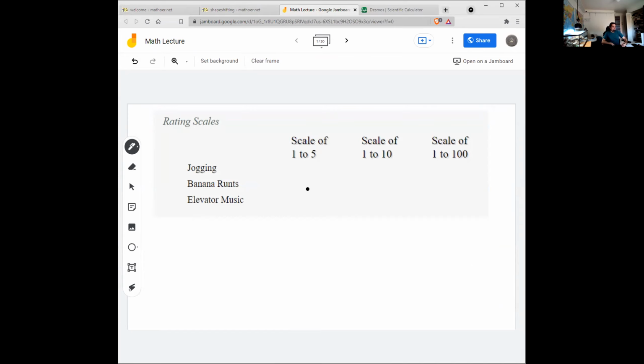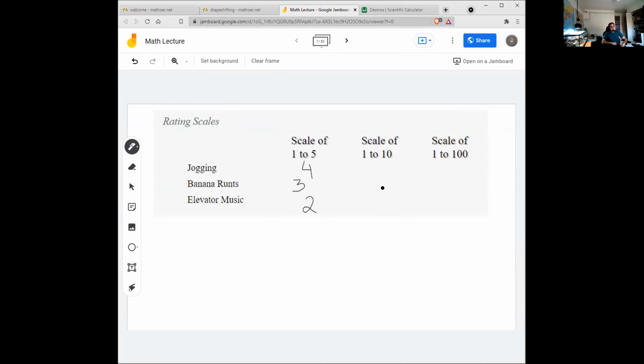Let's call something out loud. 4 out of 5. Okay. How about banana runt candy? 3 out of 5. That's amazing. I almost never get anyone in the middle. The reason banana runts are there is because people love or hate them. Okay, elevator music. 2.